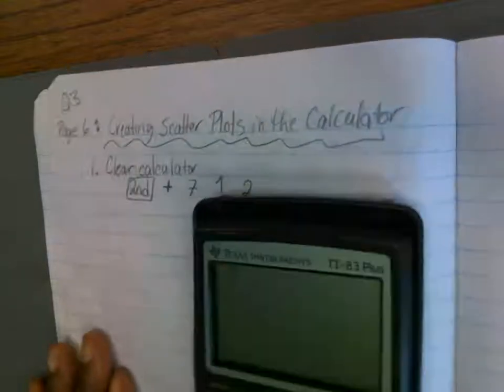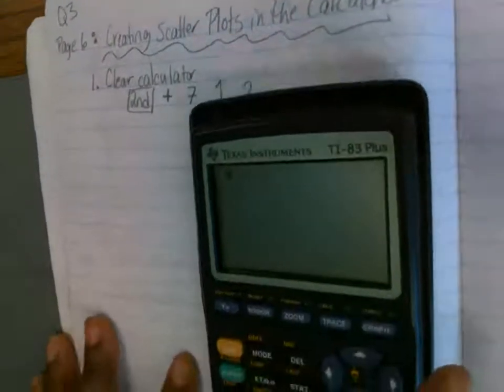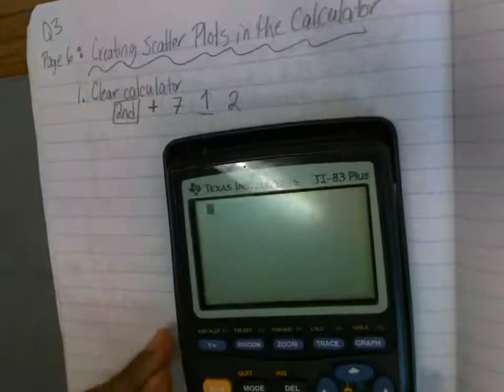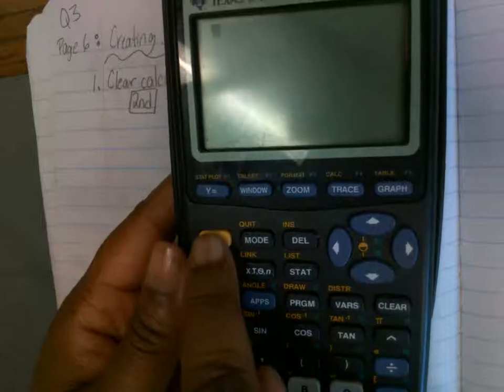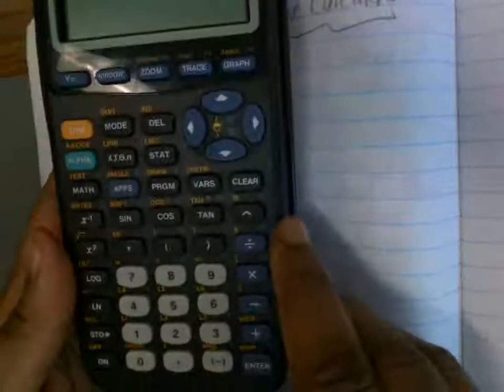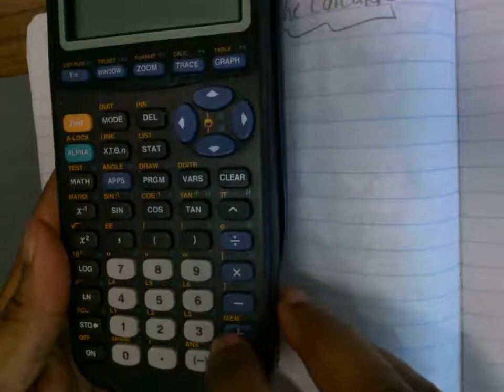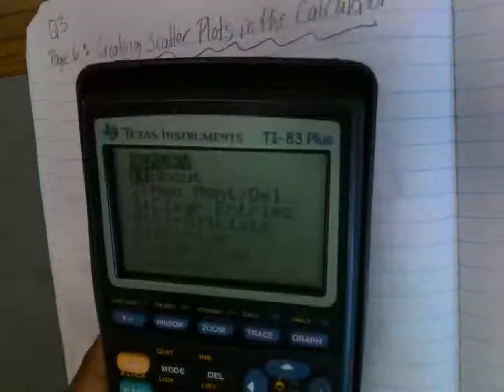All right. In our calculator, let me slide this up just a teeny bit. We're going to press the second button. See, the second button is right here. Plus, yes. Sorry, y'all.